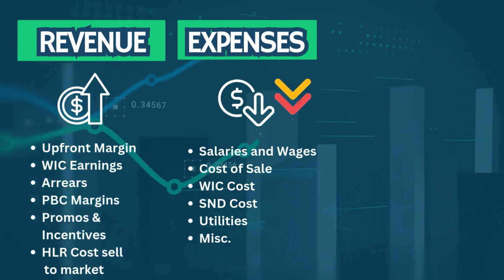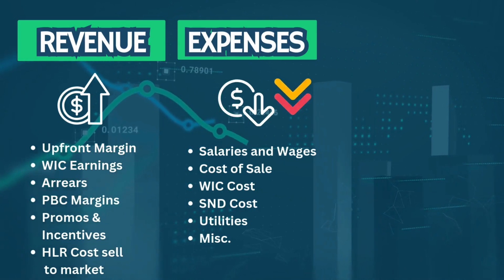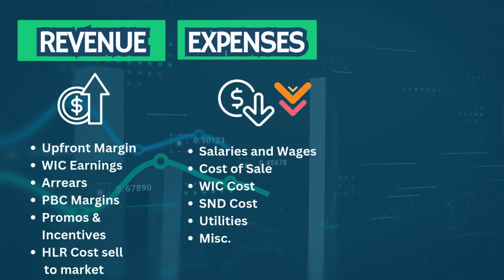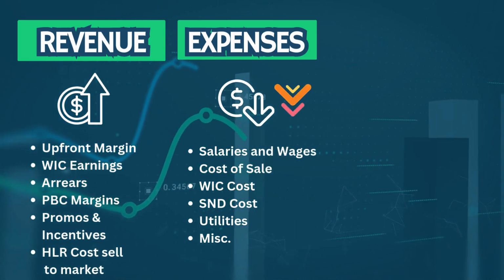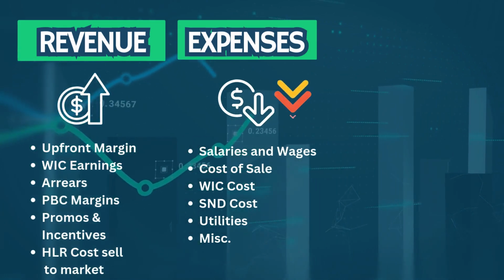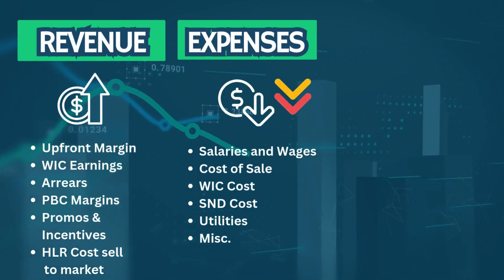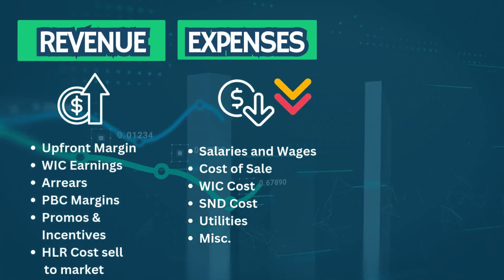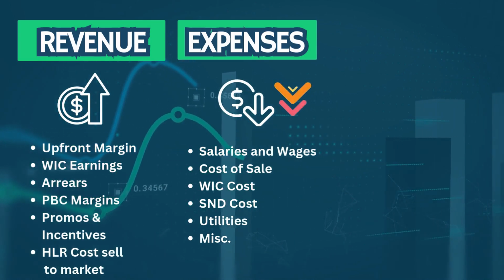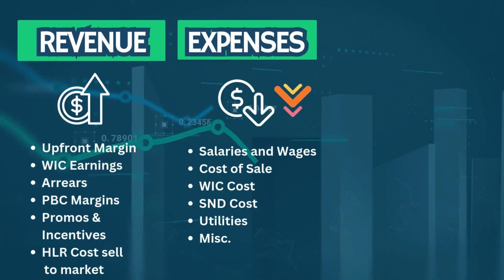Then we have WIC cost and S&D cost. It's simply in the form of rentals or maybe the maintenance cost. And then utilities, which is simply bills like internet bill, electricity bills. And lastly we have miscellaneous small expenses like petty cash. So we have to subtract all these expenses from our revenues to get the net profit.